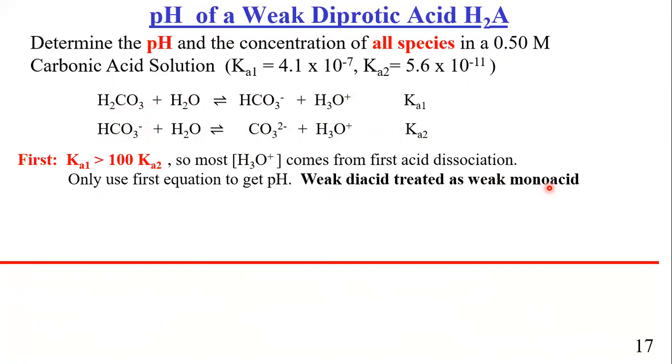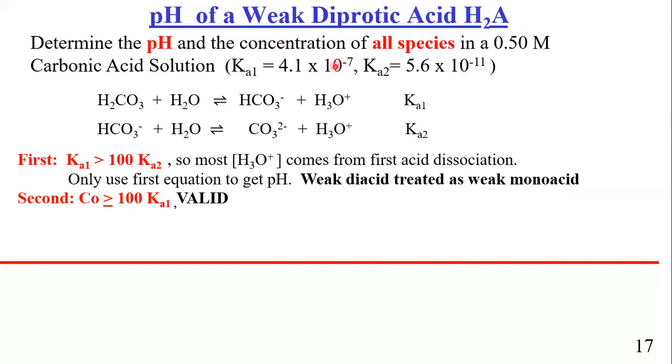What's my second step? I'm doing a weak acid calculation. In a weak acid, what do I have to see? Is C0 greater than 100 Ka? Which Ka? In this case, it's Ka1 because that's the equation that I'm looking at. Is it? C0 is 0.5.